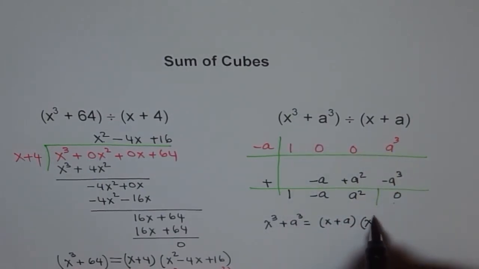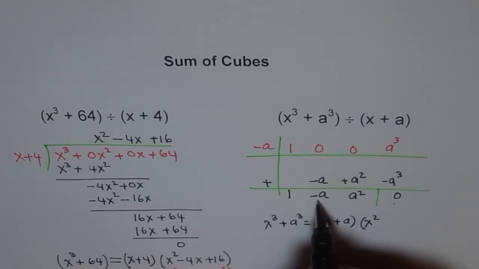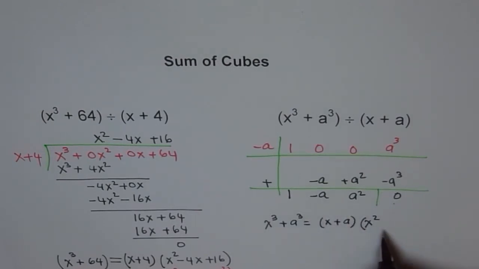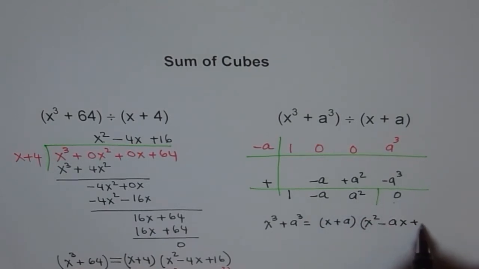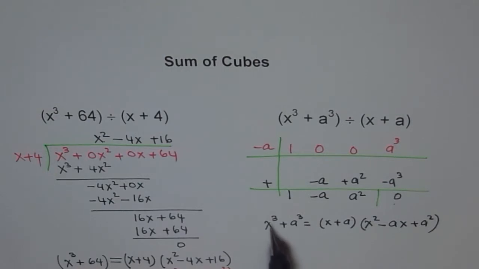So x square, and this is the coefficient for x term, so minus ax, and this one is the constant, plus a square. Do you see that? So x cubed plus a cube will give us x plus a times x square minus ax plus a square.